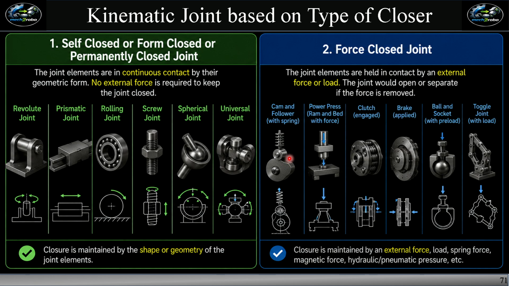And second example is power press, ram and bed with force, then clutch engaged position, brake when we apply it, ball and socket with preload, toggle joint with load. Closure is maintained by an external force or load, spring force, magnetic force, hydraulic or pneumatic pressure, etc.